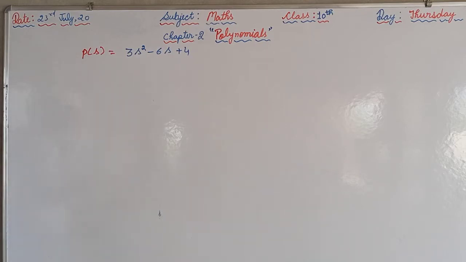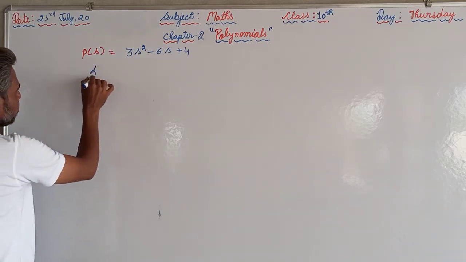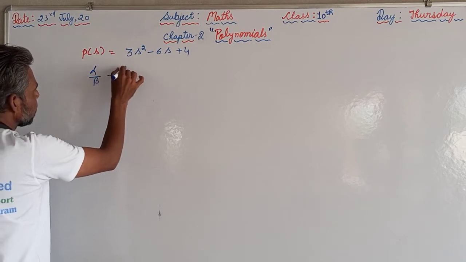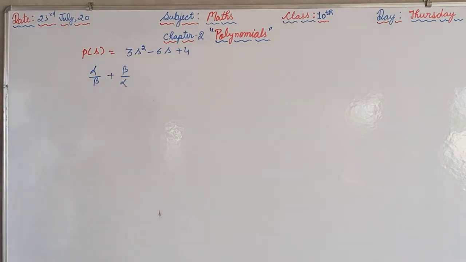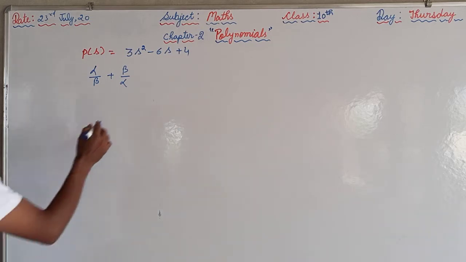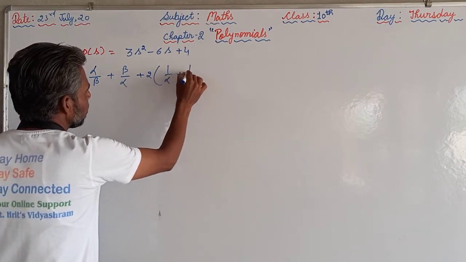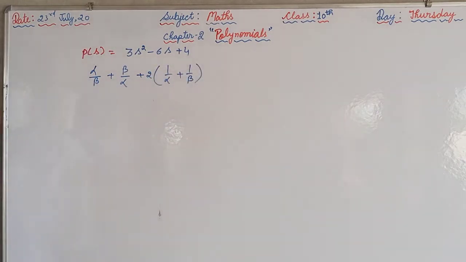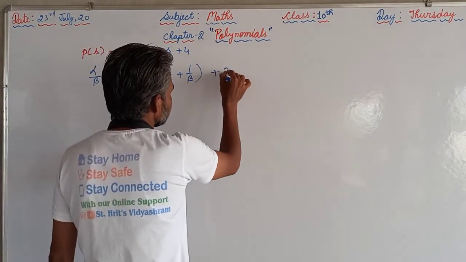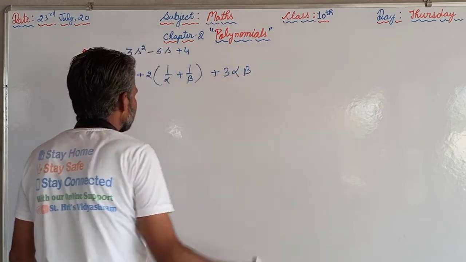Now we have to find the value of alpha upon beta plus beta upon alpha plus 2 into 1 upon alpha plus 1 upon beta plus 3 alpha beta.